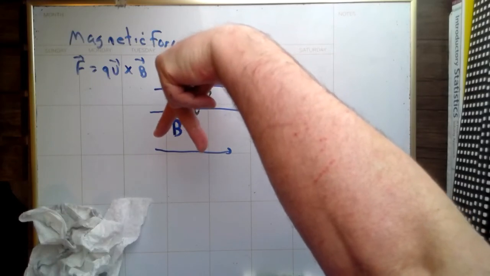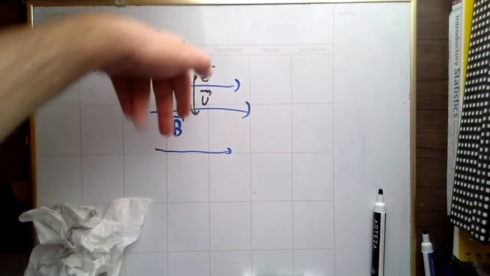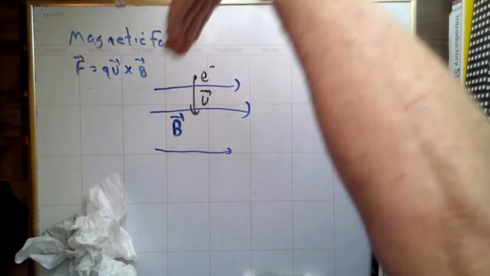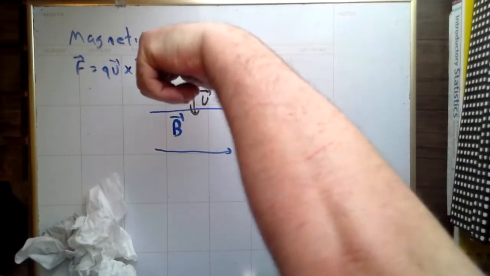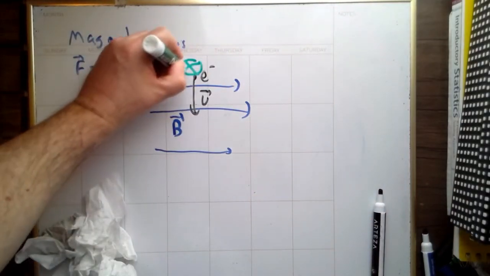That would be like that. Then my thumb points down into the screen. V cross B would be F. So F would go into the screen.